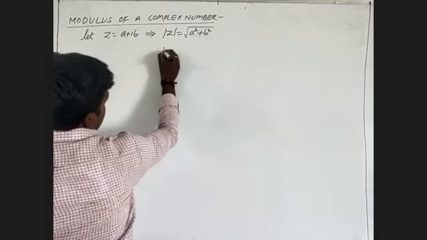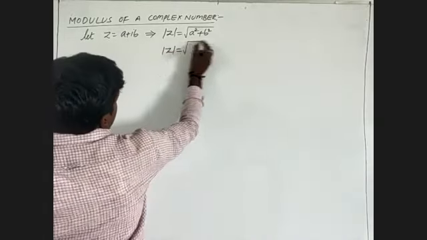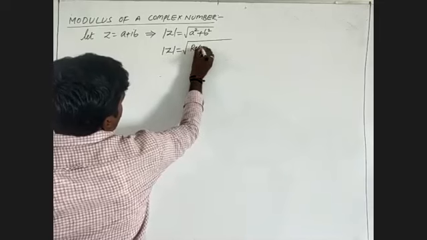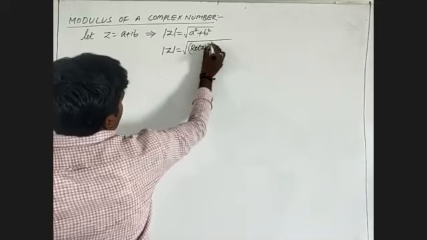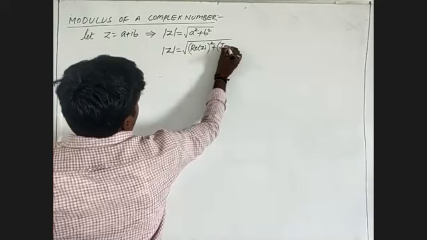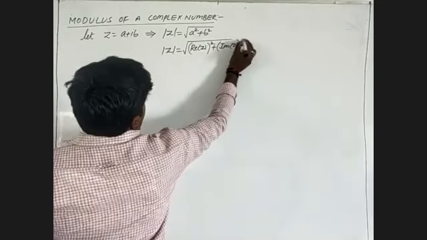That means mod z is nothing but root of real part of z whole square plus imaginary part of z whole square.